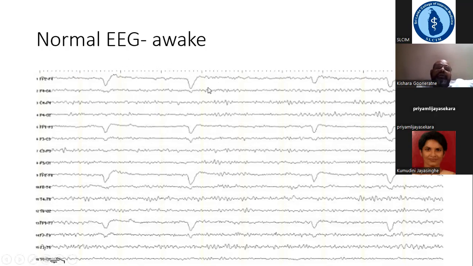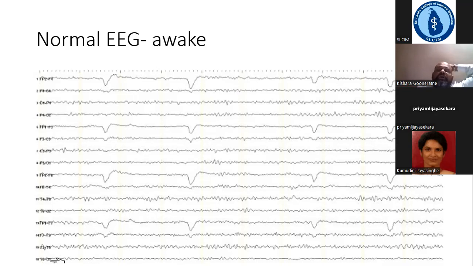The problem with EEG is that when interpreting, you always have to interpret it against a lot of artifacts, because there are physiological artifacts, things that occur in the body that cause artifact on the EEG, and there are things that happen outside the body that can cause artifact on the EEG.